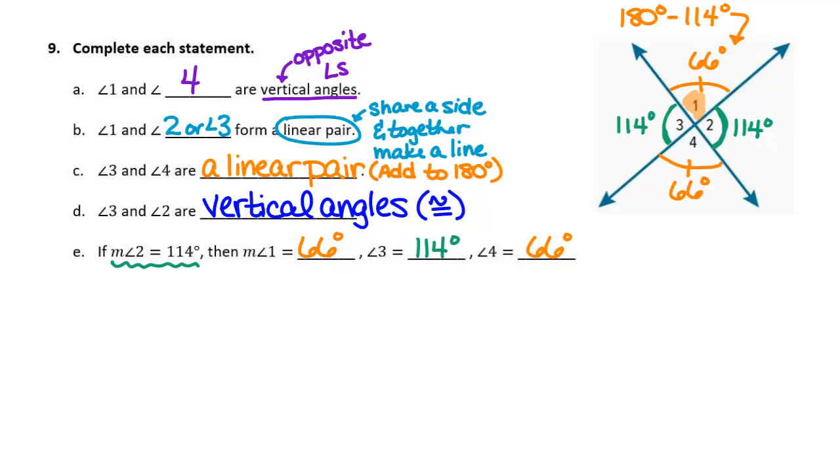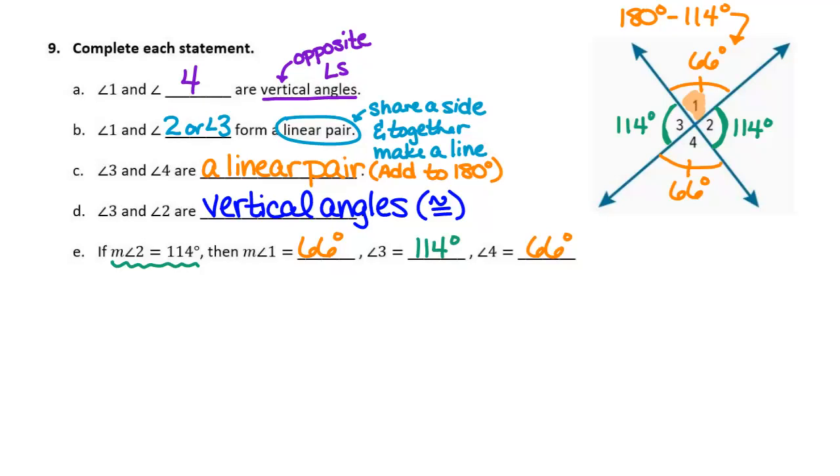I have one question. Yes, absolutely. I know how we got 114, but how do we get to 66? 180 minus 114, it's up at the top in orange. If you look above the X, we did 180 minus 114.